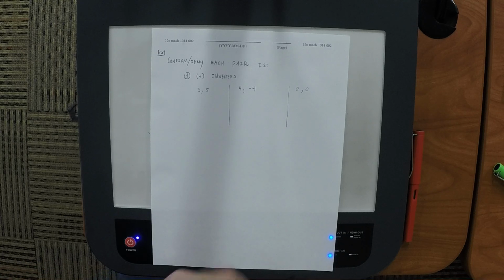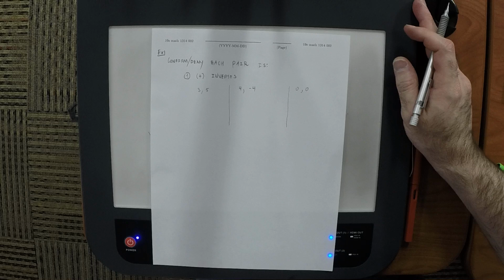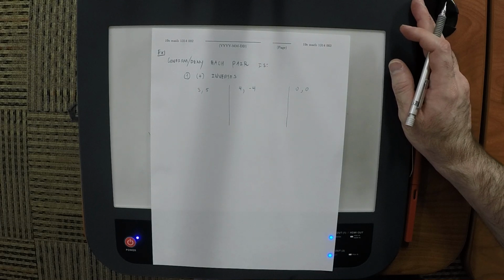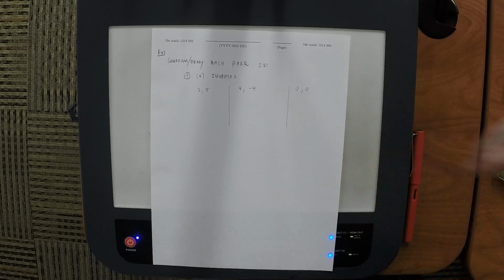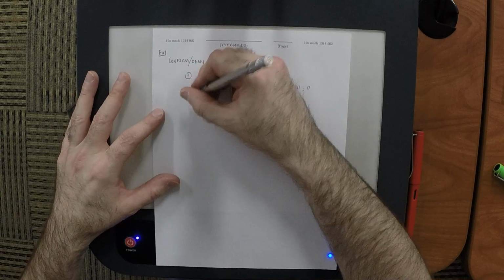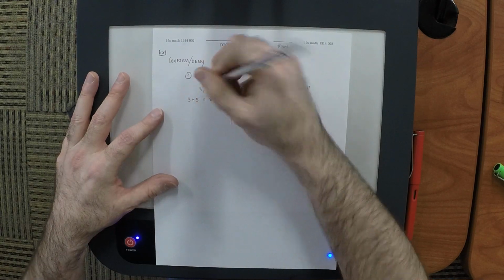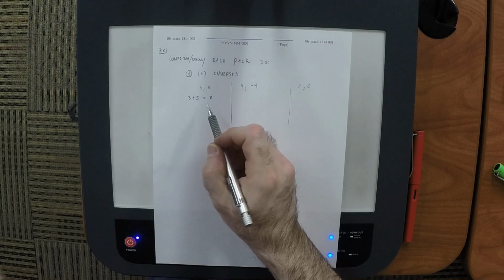So the way that you check if 2 numbers are additive inverses: you don't subtract them. You've got to add them. So I'll do that. 3 plus 5 is 8. I'm not asking a complicated arithmetic thing here.